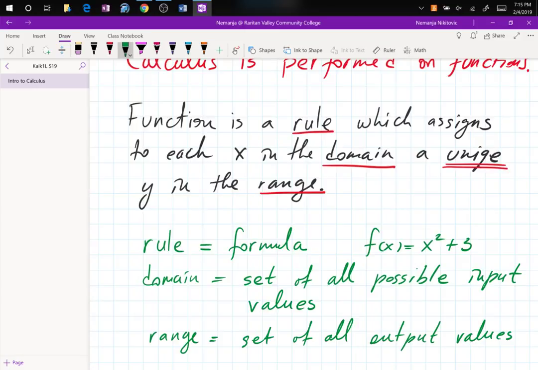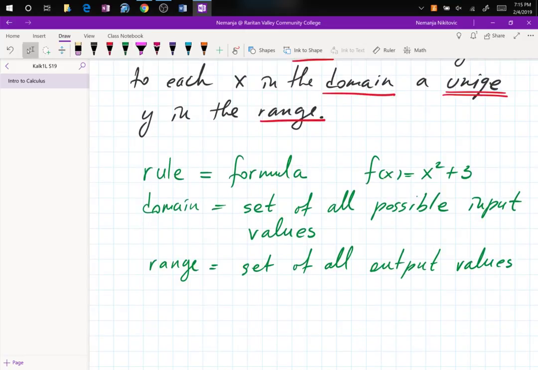Now, when you look at the two definitions, domain and range, there's only one word that is different. And that word has to be there, because you are only allowed to plug in values into a function that makes sense, or that you can. That's why we call it a domain: the set of all possible values that you are allowed to use.